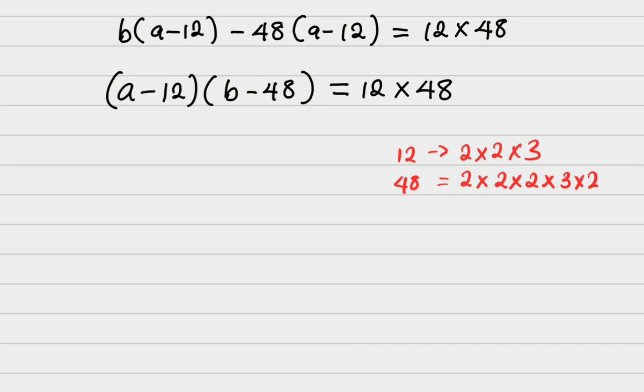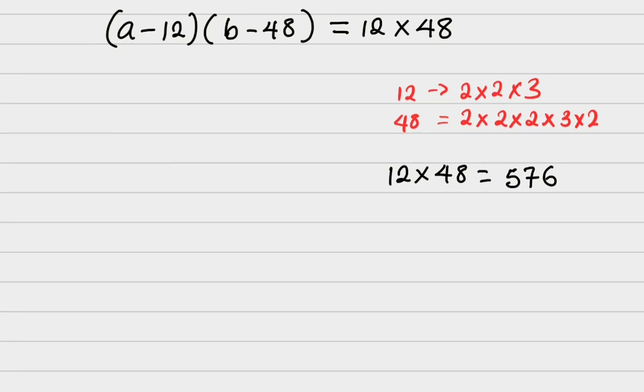Now, since I have this, this is what I would do. I know that 12 times 48 is equal to 576. How can I get odd numbers that will multiply any of those factors combined so that I will get 576?